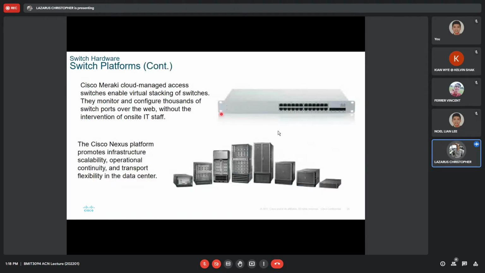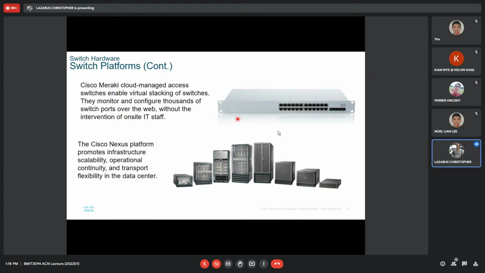Even remotely, the switches can be stacked even though they are remotely located. To stack simply means one switch connects to another, so virtual stacking means using the network access to make it as if these two switches are stacked together.